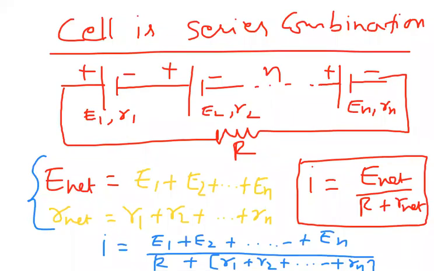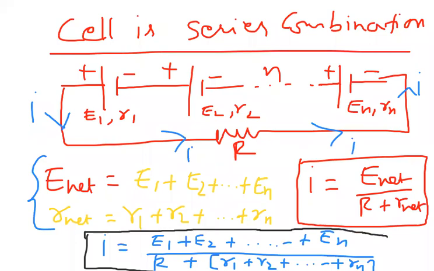This is the current formula when the external resistance is connected here. Current flows from the positive terminal to the negative terminal. Please observe carefully: I equals total EMF by external resistance plus total internal resistance.